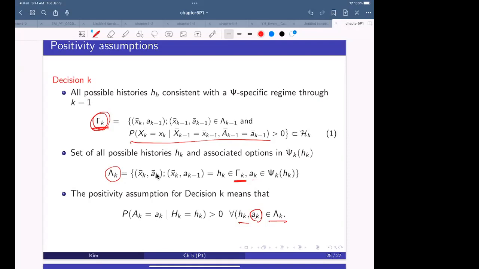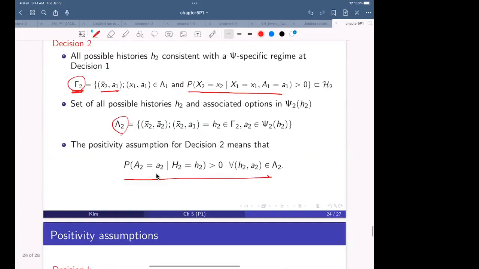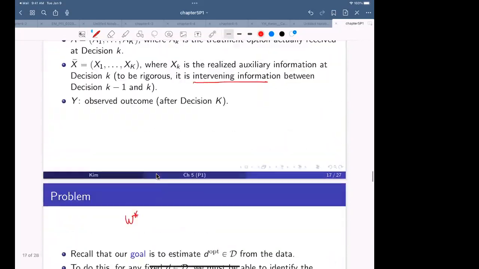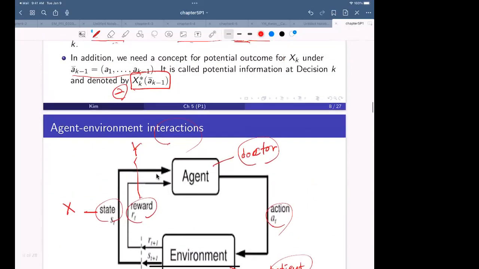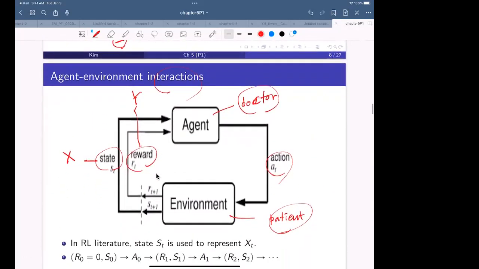I see. Now I think I can see what the real difference is between reinforcement learning and our problem. In reinforcement learning, we sequentially observe, so we are actually in control of the next observation. But in our problem, we treat the data as already given externally.